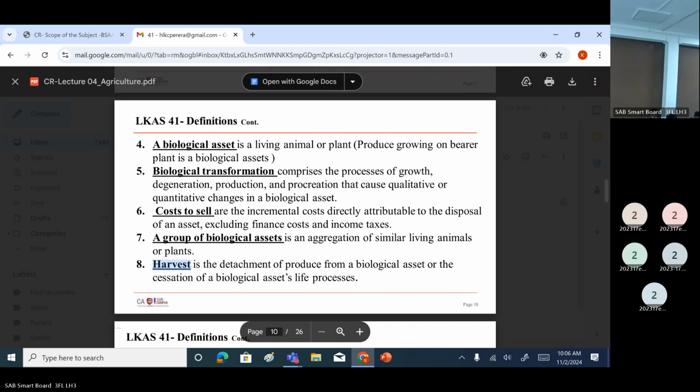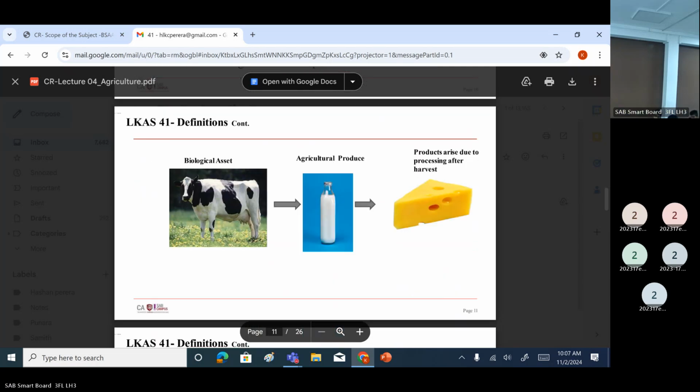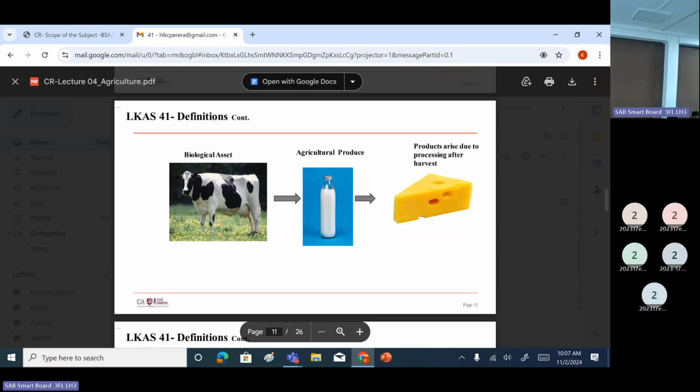Right. Here we have the biological asset. This is the agricultural produce, the product. This is their case.